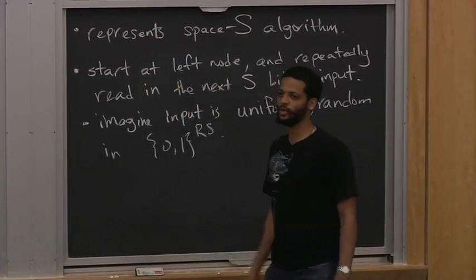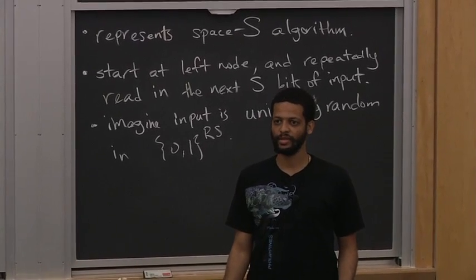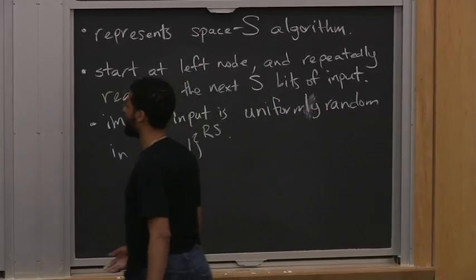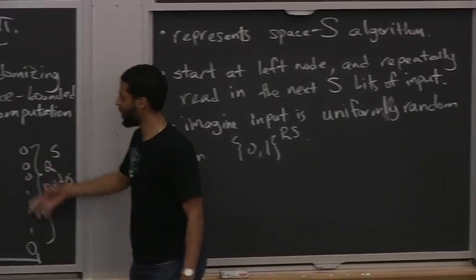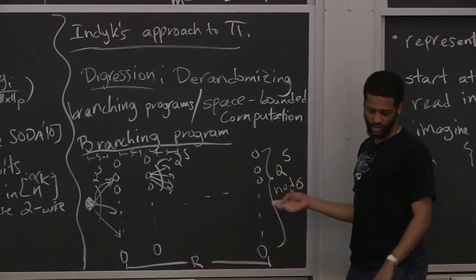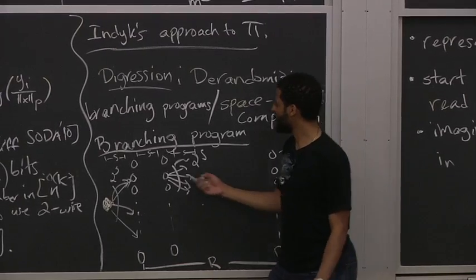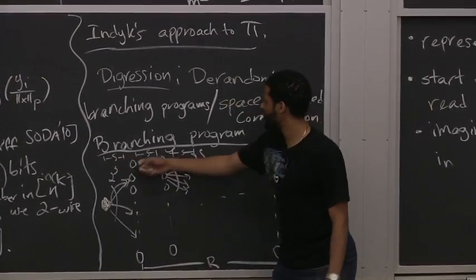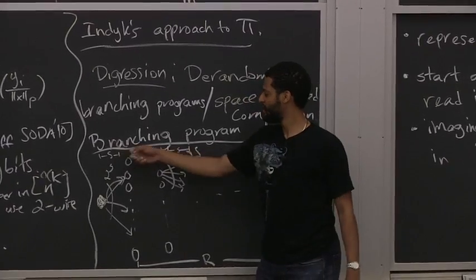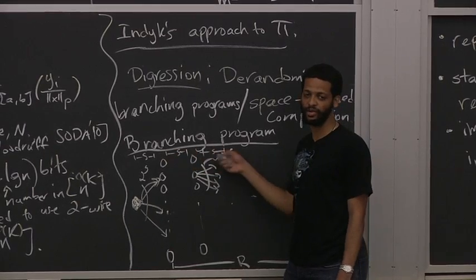The input is a uniformly random bit string of length RS. That's going to induce a distribution on the output states. What I'm going to be concerned with now is how many bits do you need to generate this top layer, R times S bits? You need R times S random bits to generate this top layer.